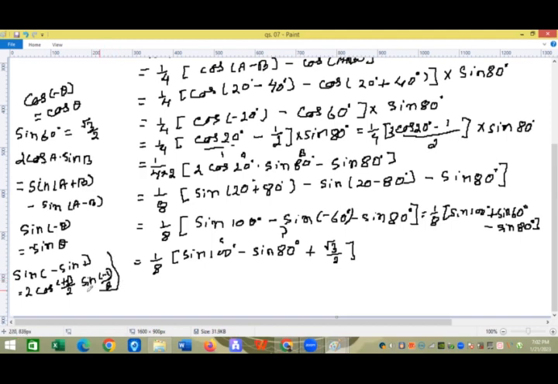So we apply this formula over here. So next step will be here. This is 1 by 8. So in place of C you can take 100 degrees, and in place of D you can take 80 degrees.